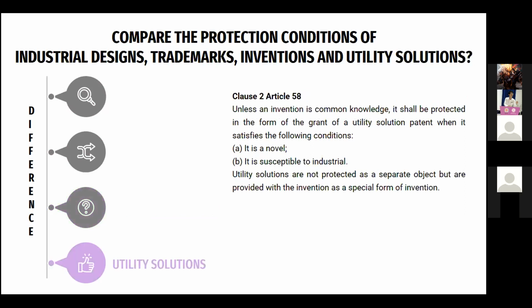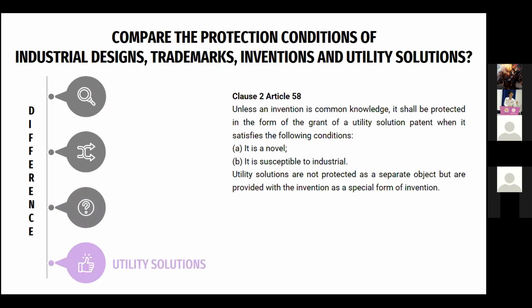And the utility solution. Article 15A. Unless it is common knowledge, an invention shall be protected in the form of a utility solution patent if it satisfies the following conditions. A, it is novel.